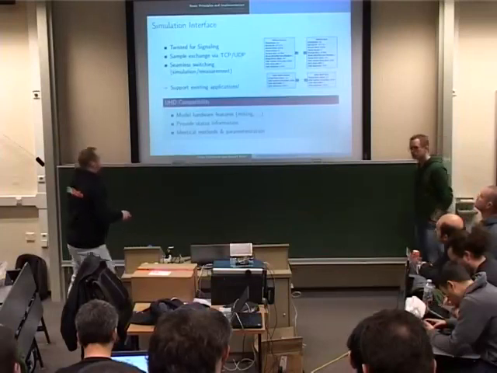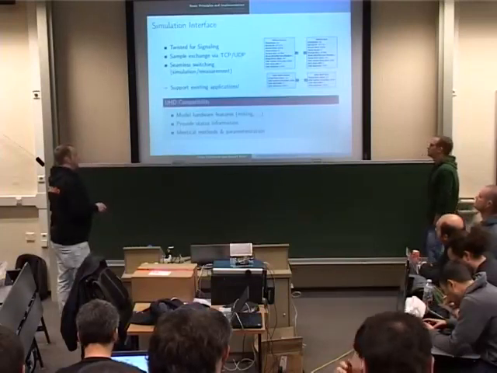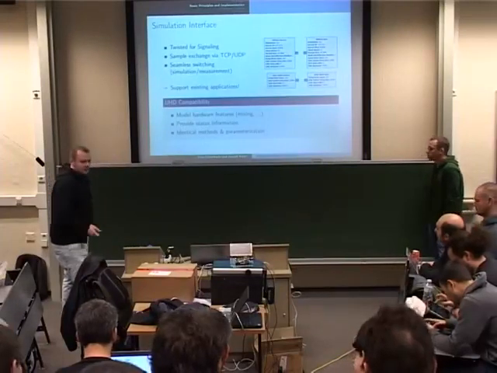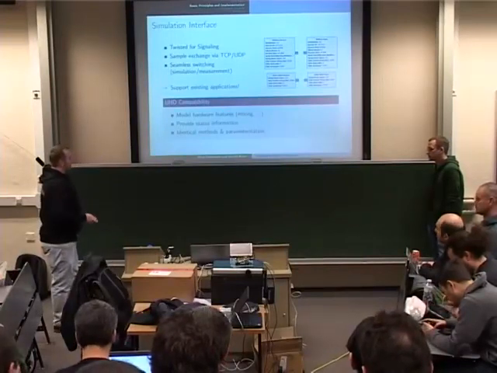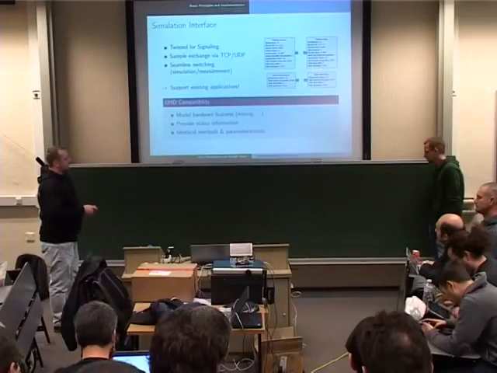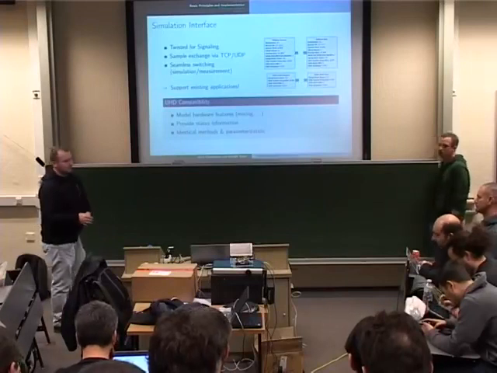Another important task is to provide status information like the UHD does. So at which frequency are we now, at which sample rate are we? And it also gives support for the application to change the frequency and such things.